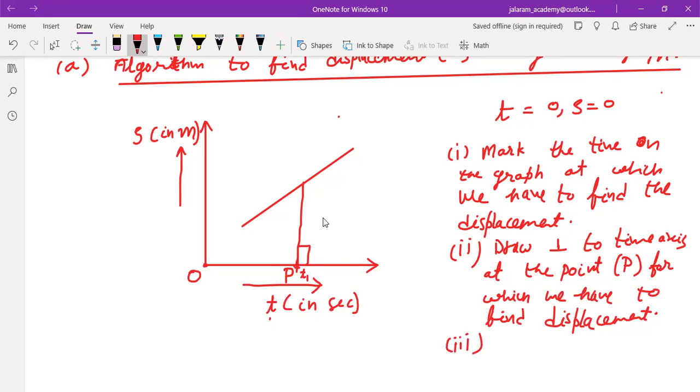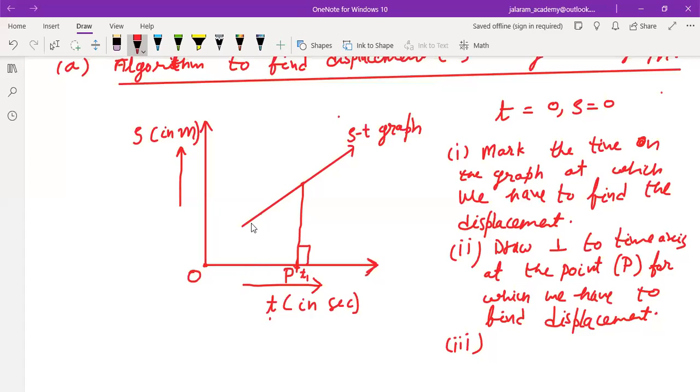Now, the next step. This line is actually the ST graph. The x-axis is the time axis and the y-axis is the displacement axis. This ST graph has displacement along with time: at any point it has displacement at t1 as well as t2, and so on.